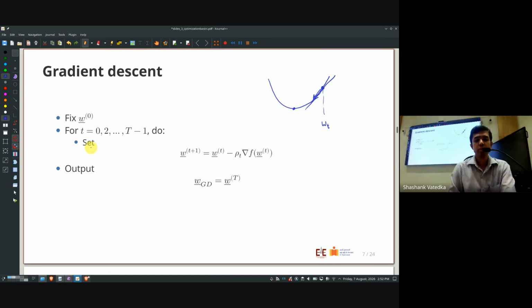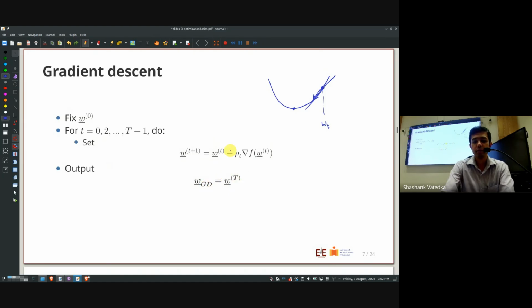So at every time step, you take Wt plus 1 to be equal to Wt minus some step size rho t times the gradient of f at Wt. And at the end of capital T time steps, you output what you obtain.